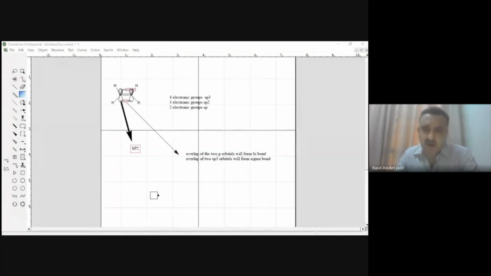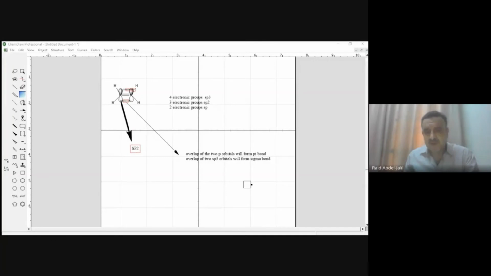All right. Now, as you can see, we do have different answers for that. Some saying pi and some saying sigma. It's actually pi, well, not pi. It's pi bond. Pi, like the mathematics.